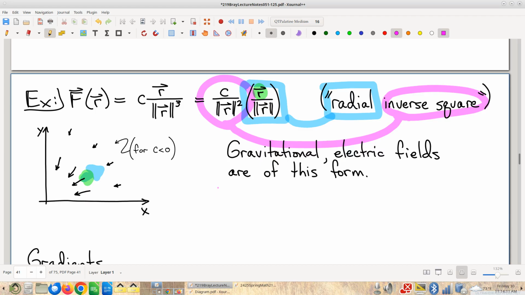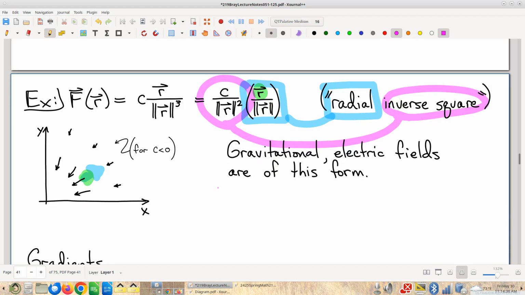If you've taken a high school physics course, and if that course included a discussion of how gravity works, you might remember, oh my gosh, that's exactly how gravity works. Gravity is always along that radial line. It's in the direction between the two masses, and it's inverse square with the distance.